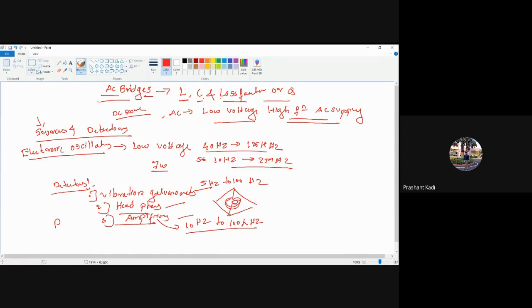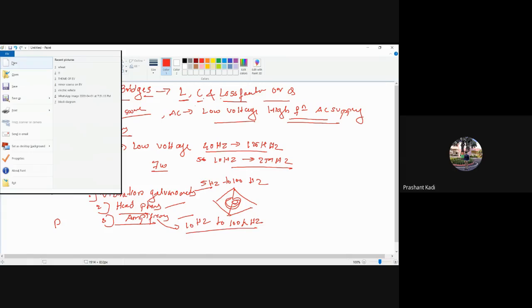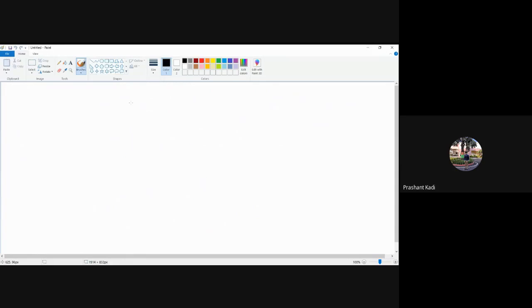We'll take the new window and study there. General equation for bridge balance.